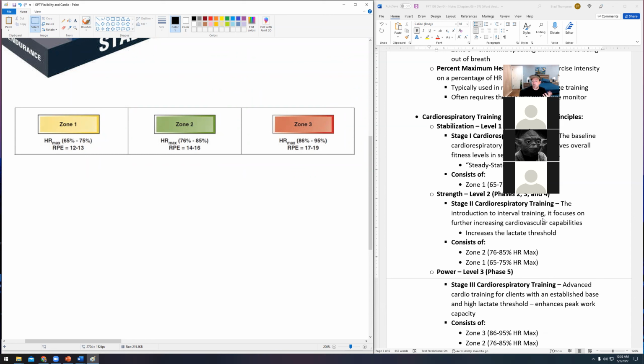Cardio exercise kind of starts at around 65% of your heart rate max. Now, if I want to get you to a place where you can jog at a pace without getting fully out of breath and having to stop, I want to keep you above 65% to make sure that you are considered working out. But I want to keep you below 75%, because if I get you up to about 75% heart rate max, you're going to start getting out of breath.